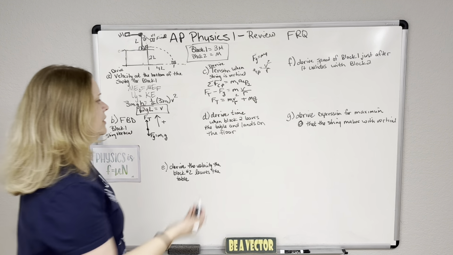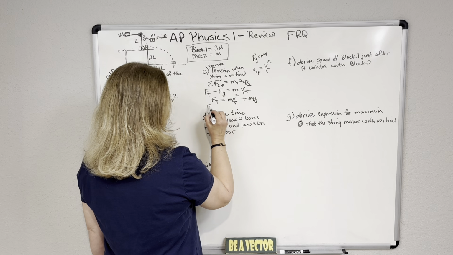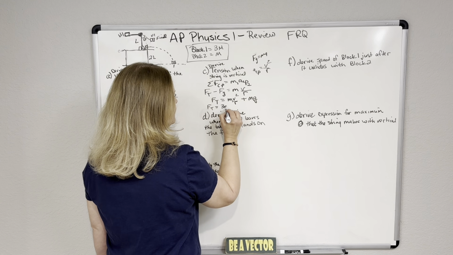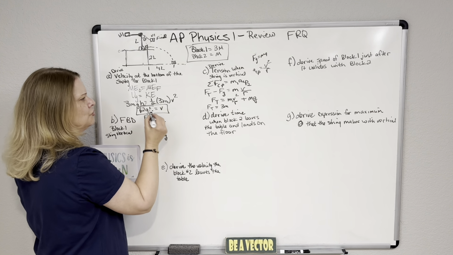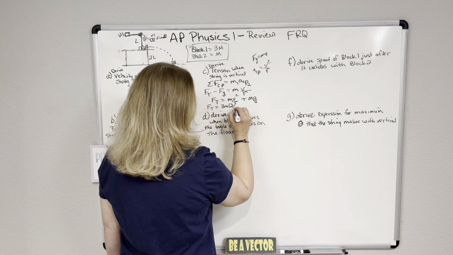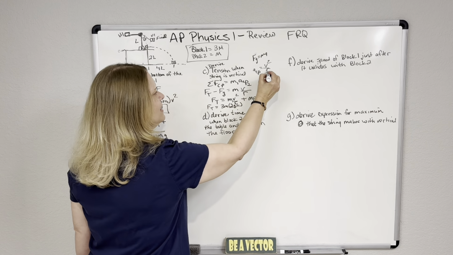Now I'm going to start filling in some numbers. We have force of tension equals M1 is 3M. V squared we know. V squared is 2GL. So I'm going to put in 2GL. And R, what is that R?